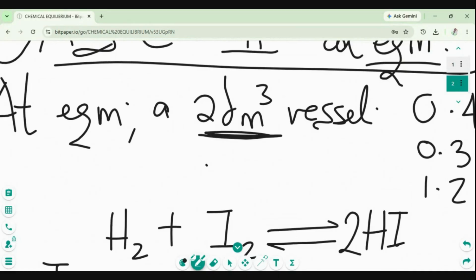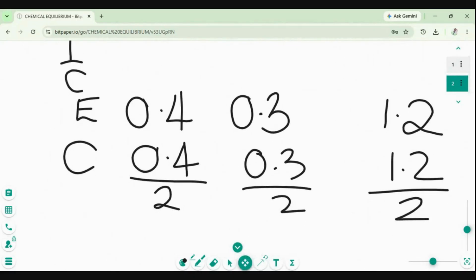Take note, as we said earlier, that if that volume was in centimeters cubed, then when we are calculating our concentration, we don't only divide, but we also multiply by 1,000. But here we're just multiplying by 1, multiply by 1, multiply by 1.